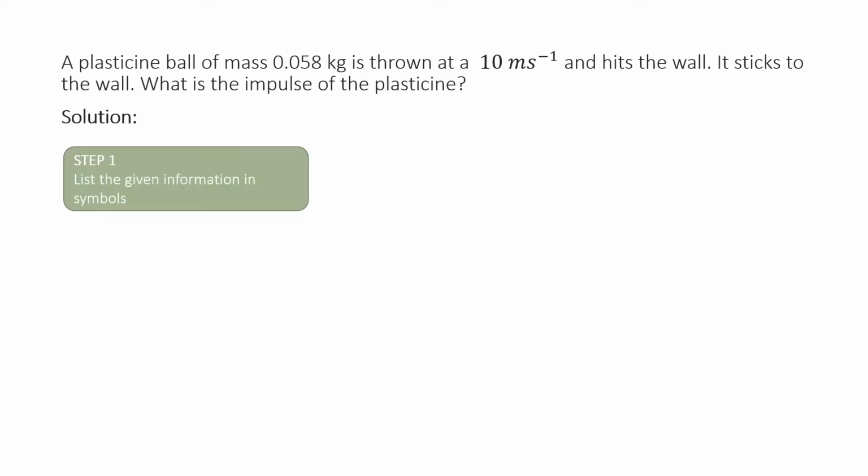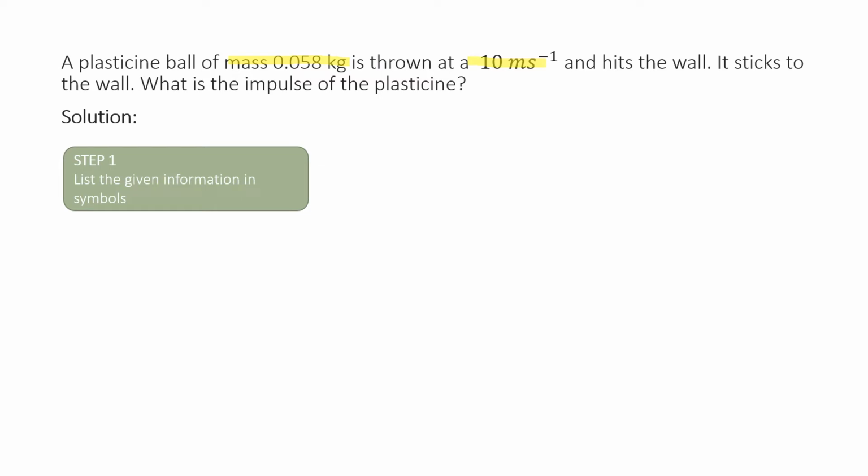Step 1. List the given information in symbols. Let's look into the question and find all the given information. From this question, we have mass, we have initial velocity, and we also know that the final velocity is equal to 0 meter per second. Why?